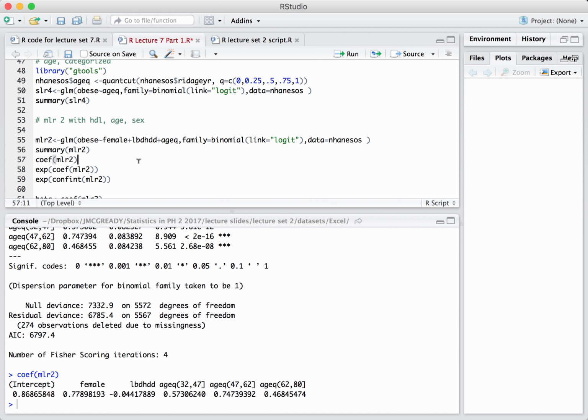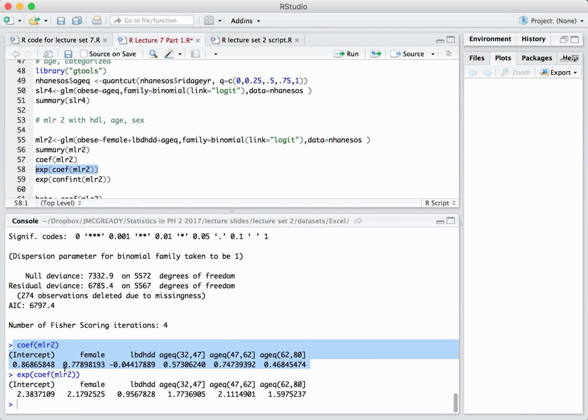If we wanted to get the resulting odds for the reference group with all x's 0 and the adjusted odds ratios for each of our predictors, because the slopes are on the log odds ratio scale and the intercept is on the log odds scale, we could just exponentiate the coefficient function applied to that object to exponentiate this numeric vector.